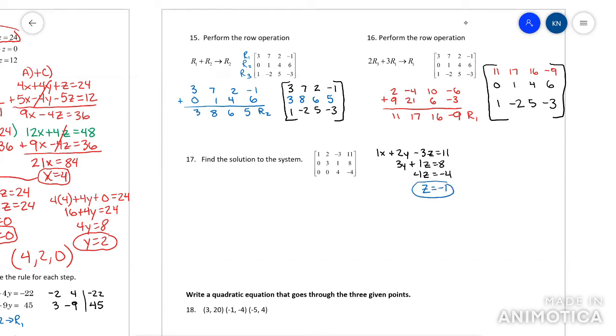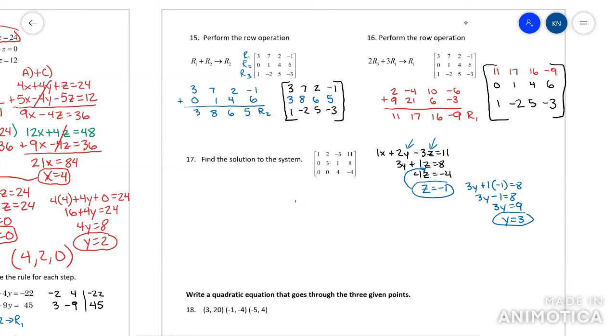Once you know that, you can plug it in to the next equation above it and just go like 3y plus 1 times z equals 8. Divide by 3. Now you know y is 3. And then once you know that, well, you can just go to the top equation and plug it in for y and z.